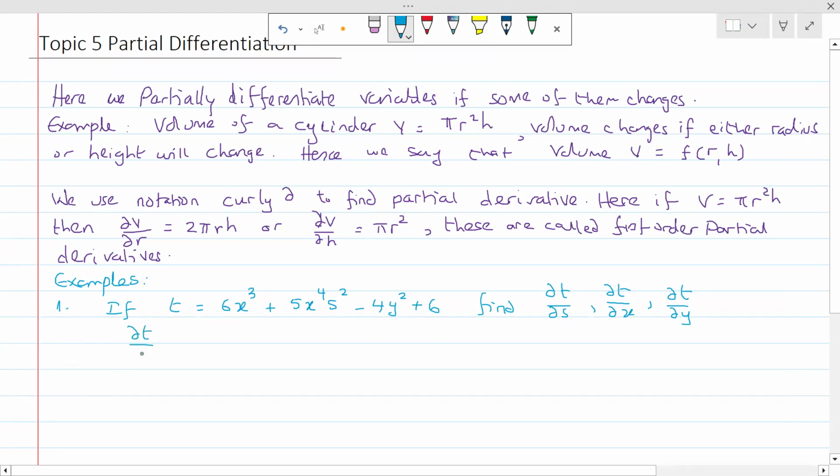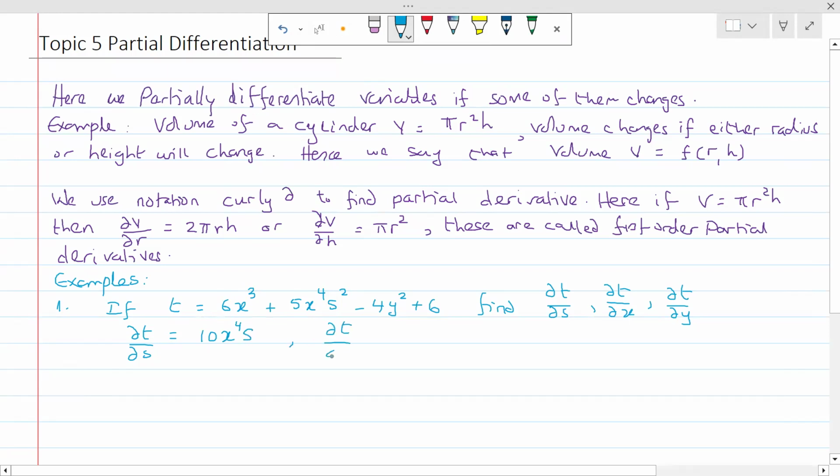So for partial t partial s, we look at variable s and treat all the others as constant. This one becomes a constant because it is not relative to the variable s, so it goes to 0. Now I look at s squared because I'm differentiating with respect to s. So I bring 2 here. It is going to be equal to 10 x to the power 4, all these are constant, and this becomes s.